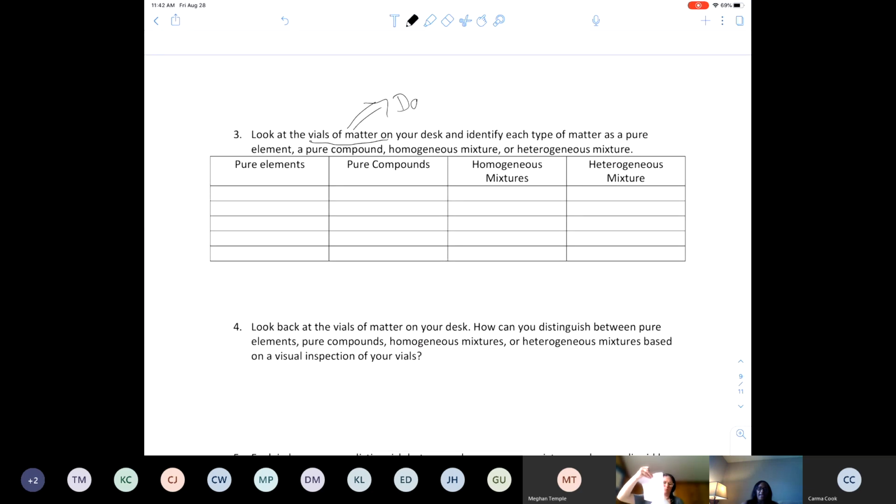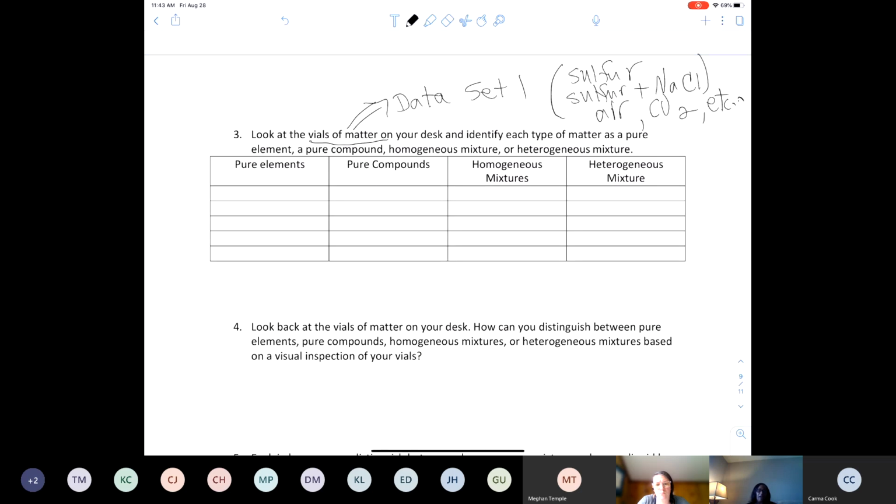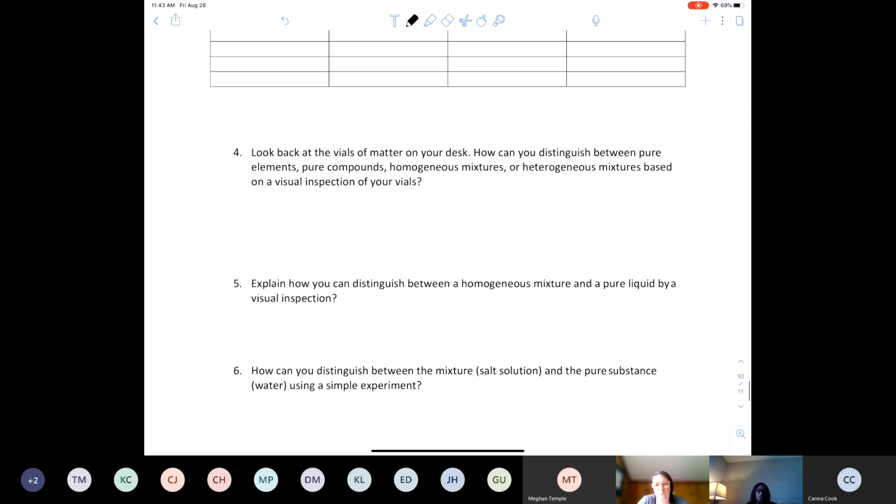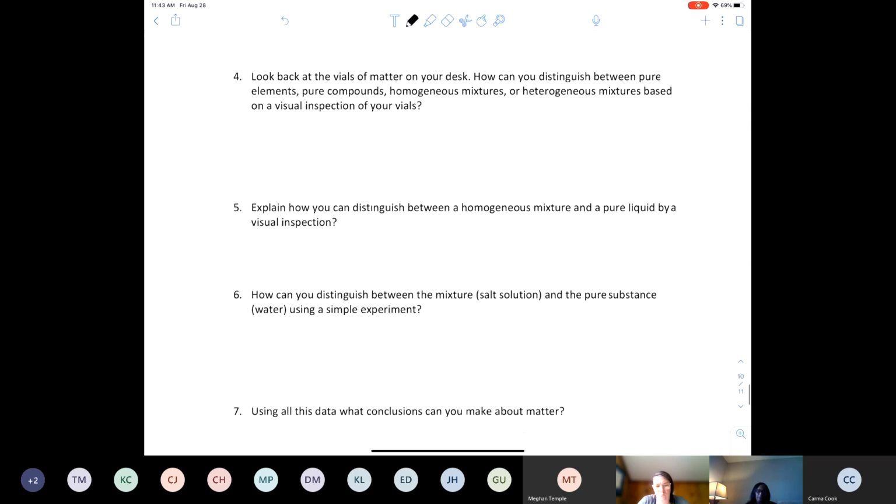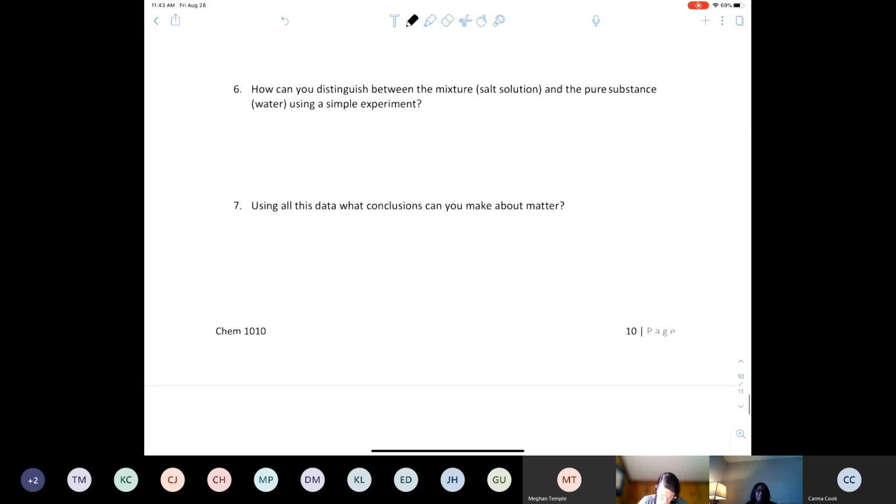The vials are from data set 1 that we had on the desk in the video for data set 1. And this is where the sulfur and the sulfur plus NaCl, those vials, and then the vial of air and CO2 and so on and so forth. So those are the vials that they are referring to in questions 3, 4, 5, 6, and 7.